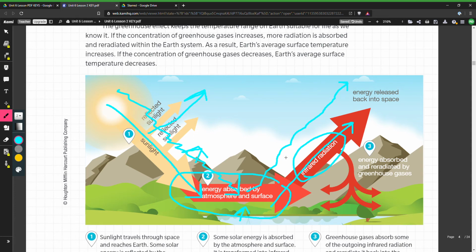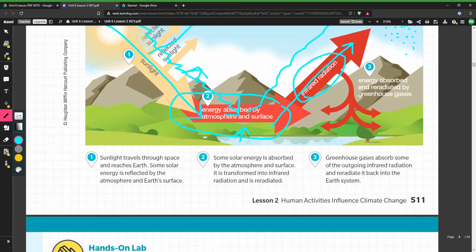A lot of that energy is infrared radiation, and that energy can be absorbed by molecules that are floating up in the atmosphere. Because the atmosphere is filled with tiny atoms and molecules, the energy passing through those molecules will move them around more, and cause them to absorb some energy, heat up, and move faster.